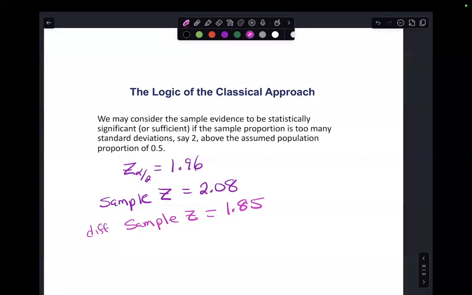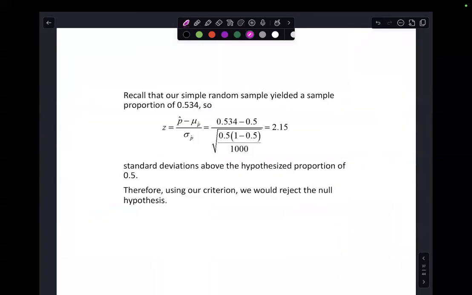Okay. So the z-score that we got with 0.534 is 2.15. That's more than 2 standard deviations away from the mean, so we're saying it's very extreme. So we are rejecting the null. Now, the z-score we compare it to depends on our significance level.